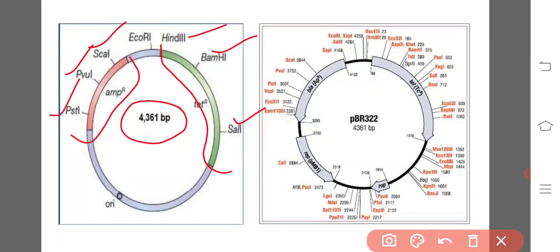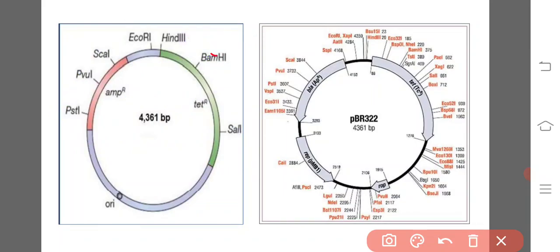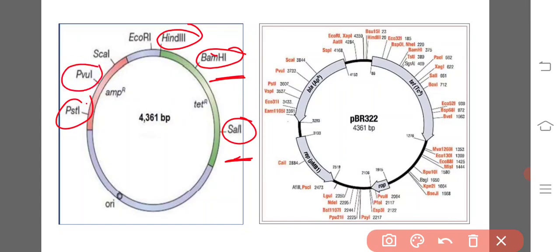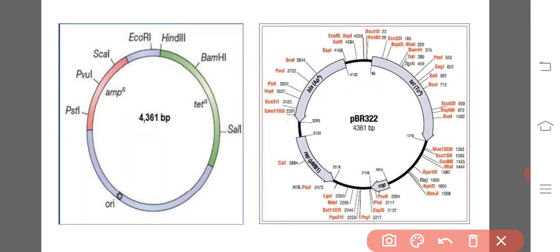All these terms show the restriction endonuclease enzymes and the bacteria from which they have been derived. So HindIII means it is derived from Haemophilus influenzae Rd, and Bacillus amyloliquefaciens and Streptomyces albus, like that. PstI means Providencia stuartii and PvuI means Proteus vulgaris, like that.